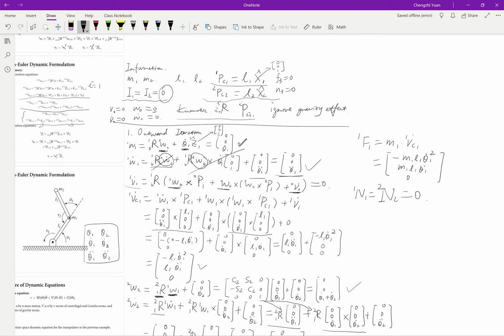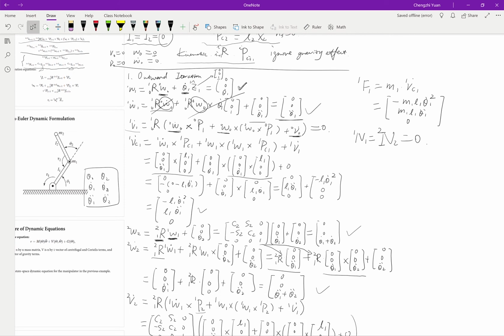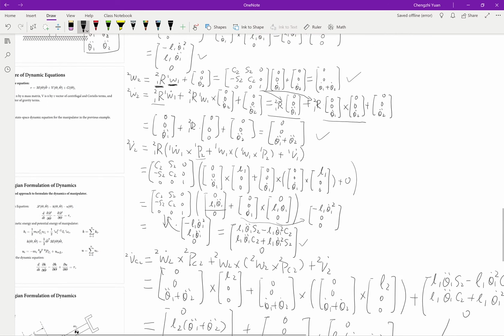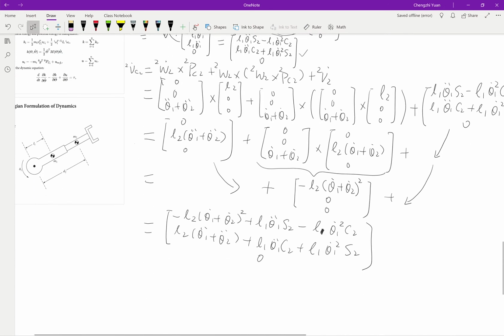Okay, so what is F22? It is the external force applied to the second link. It will be equal to M2 times the derivative of VC22. Then what is VC22? VC22 is here, this guy. So F22 will be equal to M2 times VC22 dot, so let's write it down.